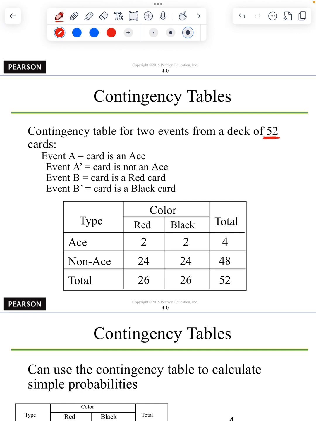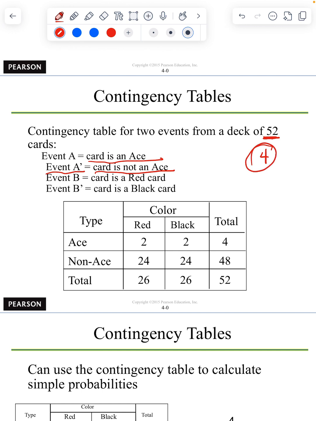There are 52 cards in a deck, and event A is the card is an ace. Does anybody know how many aces we have in a deck? We have 4. So the complement of event A is the card is not an ace, because there are only 4 out of 52 that are an ace.